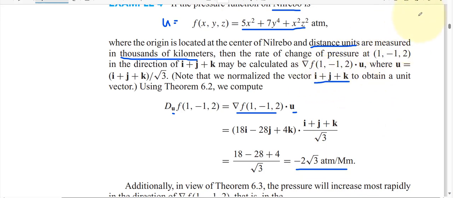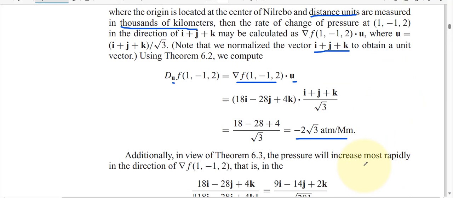But we might also want to know, in which direction does the pressure increase most rapidly? And we also had the answer to that. It's in the direction of the derivative, I'm sorry, of the gradient. So here's the gradient at this particular point.